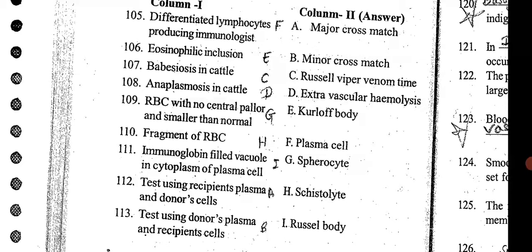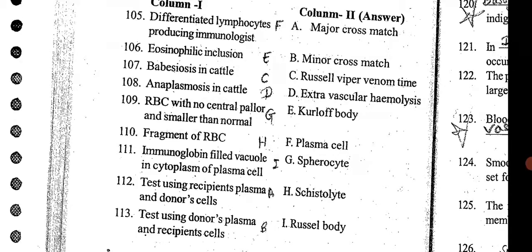Babesiosis in cattle is linked with Russell viper venom time. I do not understand that point, but according to that, babesiosis in cattle is linked with Russell viper venom time. Russell viper venom is the venom of the Russell viper that has the ability to clot blood, and it has been used in the medical field to clot blood in minor trauma where there is bleeding.